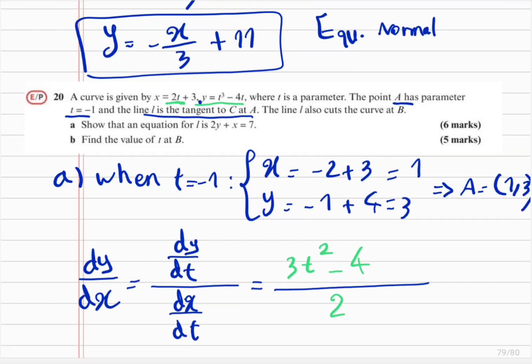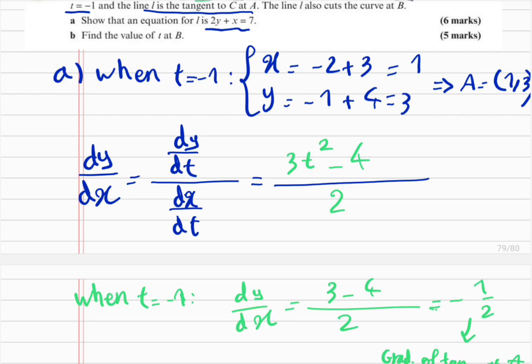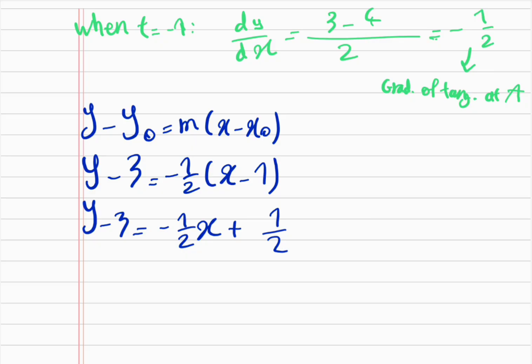Just note that the form that they want for the equation of the straight line is 2y plus x is equal to 7. So we need to multiply everything by 2 because the form doesn't have any fractions, and in order to get rid of the fraction, we can double the entire thing. So it's going to be 2y minus 6 is equal to minus x plus 1.